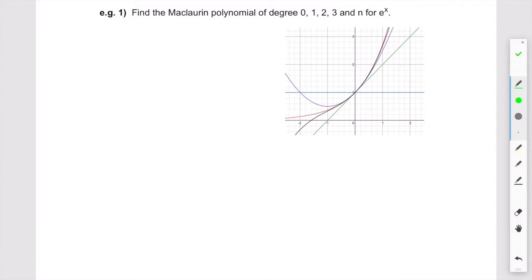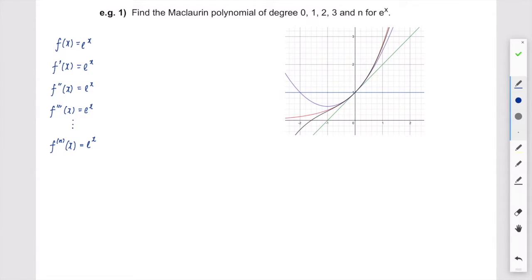In order to construct the nth degree Maclaurin polynomial, we can start by writing out f of x, which is e to the x, f prime of x, same thing, f second derivative, third derivative, and so on up to the nth derivative of e to the power of x, which is still itself.